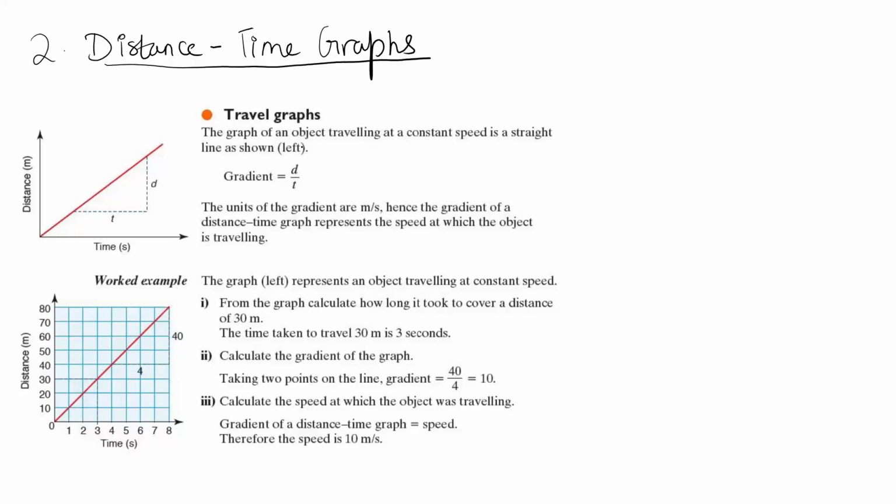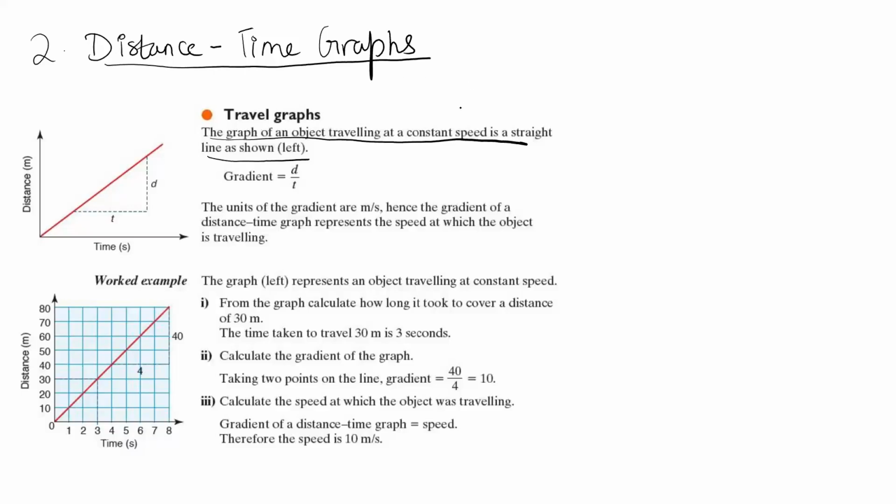So here it is: the graph of an object traveling at a constant speed is a straight line. If you were to walk at 5 meters per second, or let's say you're driving a car at 60 kilometers an hour. If the car stays constant at 60 kilometers an hour, that's a constant speed.